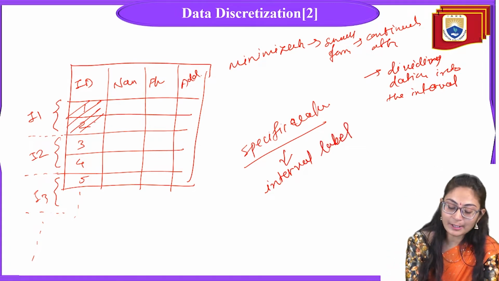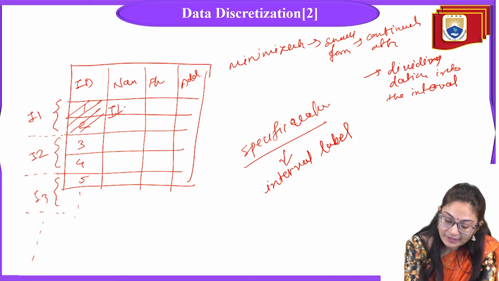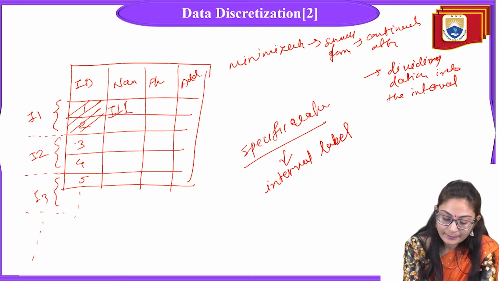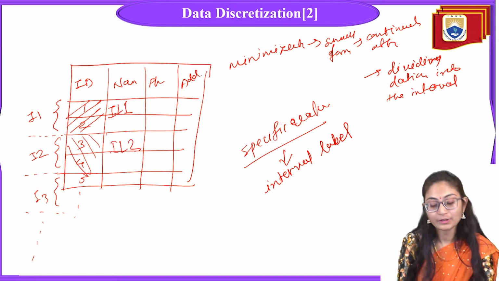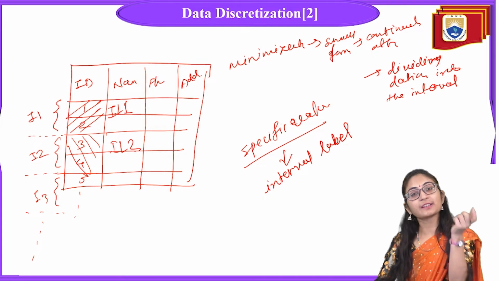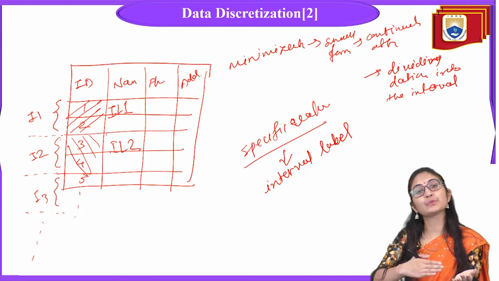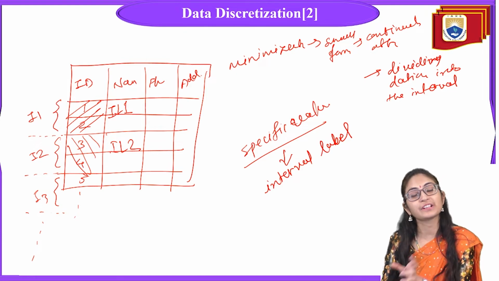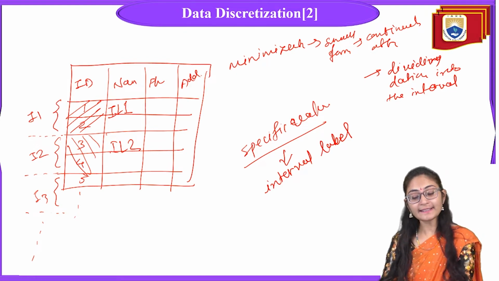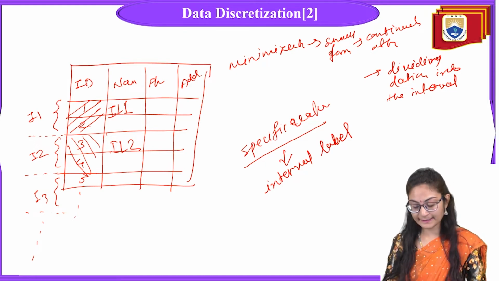That means I will keep here interval label 1. Then this is the second interval, I will keep here interval label 2. That means I am replacing each interval by using some interval labels, some specific value. This is all about data discretization.